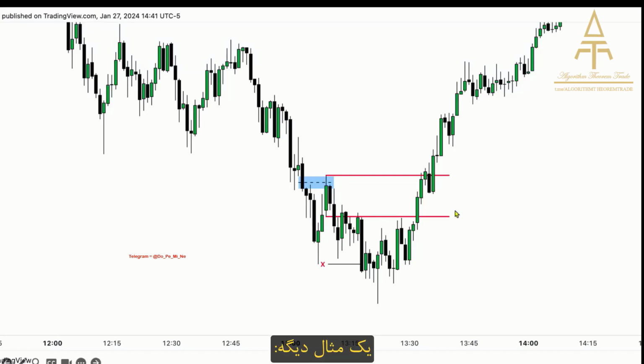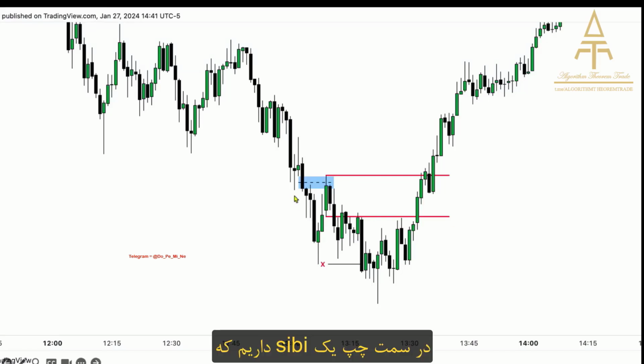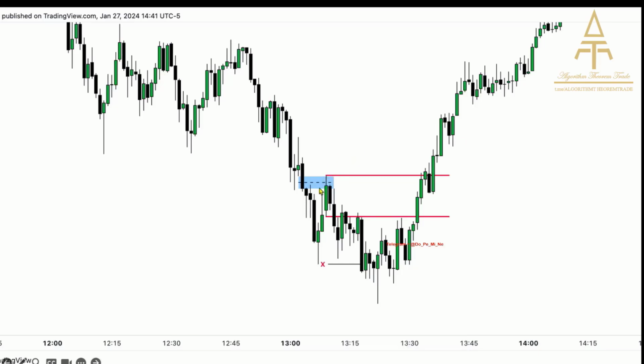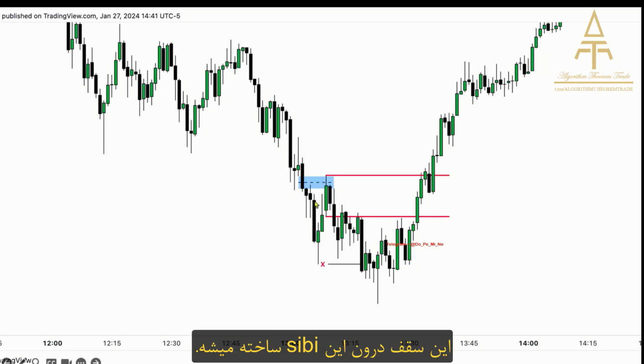And here's another example. What we can see is that there's a CB on the left side of the curve that got created here. A high formed inside of that CB. This is that same price example again, by the way, but annotated a bit differently. That high gets created inside of that CB.